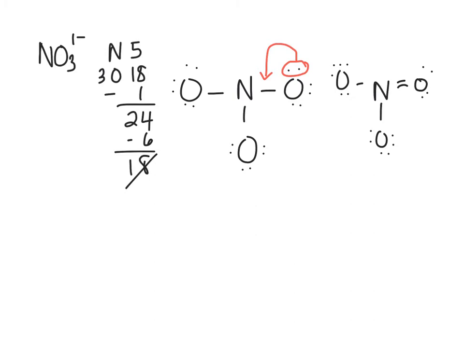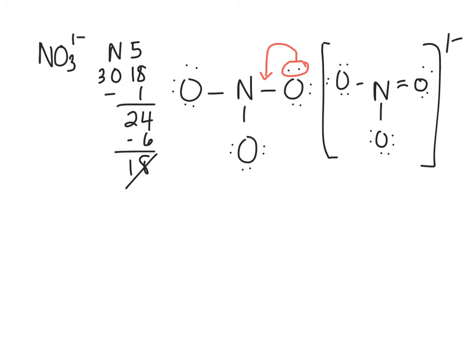Oh, that's bad. There, let's move those down. Okay, so 8, 16, 24. I've only placed 24, but now everybody's octet is filled. So the only thing we have to do is put square brackets and a charge because it's an ion.